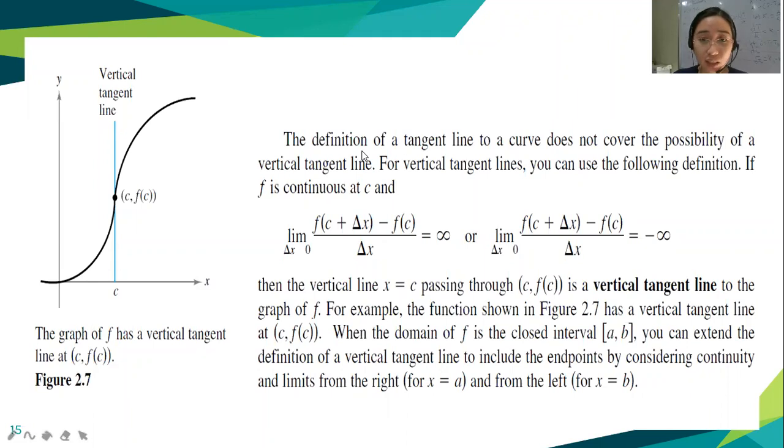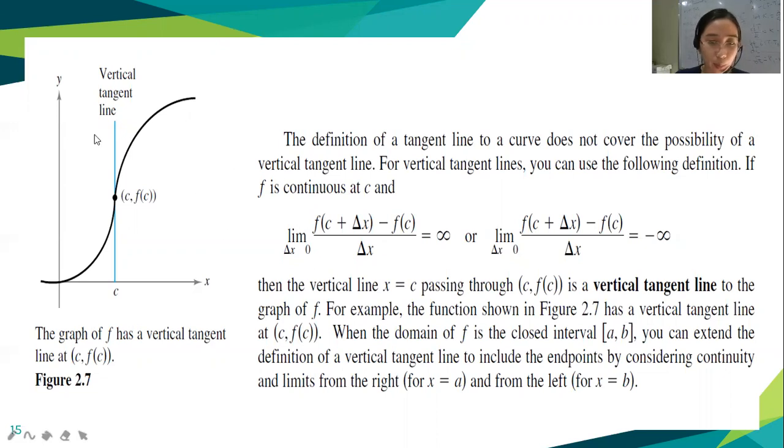For a vertical tangent line, we can tell it is vertical when the limit approaches infinity, because it is infinite. So then the vertical line x equals c passing through (c, f of c) is a vertical tangent line to the graph of f. For example, this one has a vertical tangent line at (c, f of c).